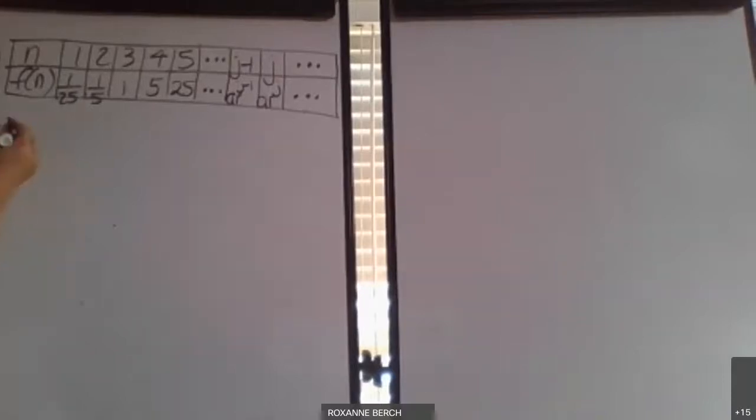Common ratio, and I'm not going to write it like this, 1/5 divided by 1 over 25. I'm not going to write it like that. That's confusing. So I'm going to write it like this, 1/5 divided by 1/25, 1 divided by 1/5, 5 divided by 1, and 25 divided by 5.